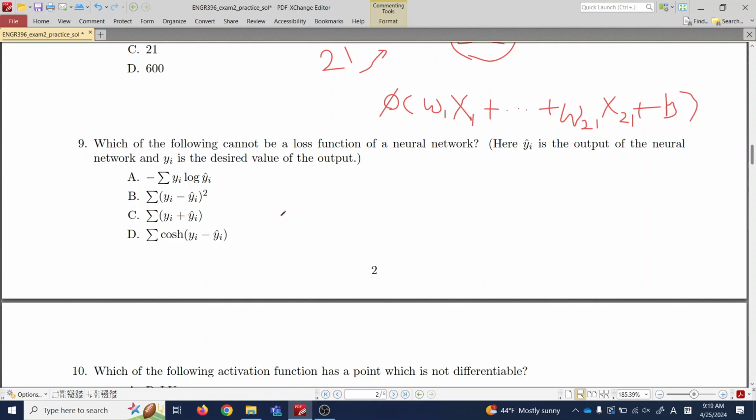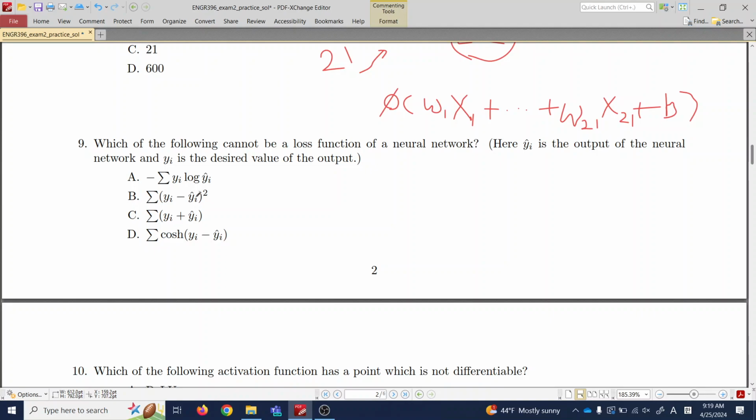Loss functions have the property that if the target and the output are close together, the loss function goes to its minimum. Certainly you can see that in B, right? Here, the desired output and the actual output are subtracted and you square this.